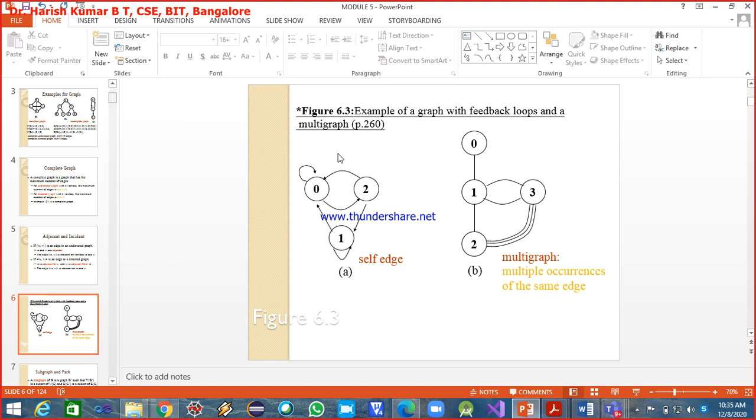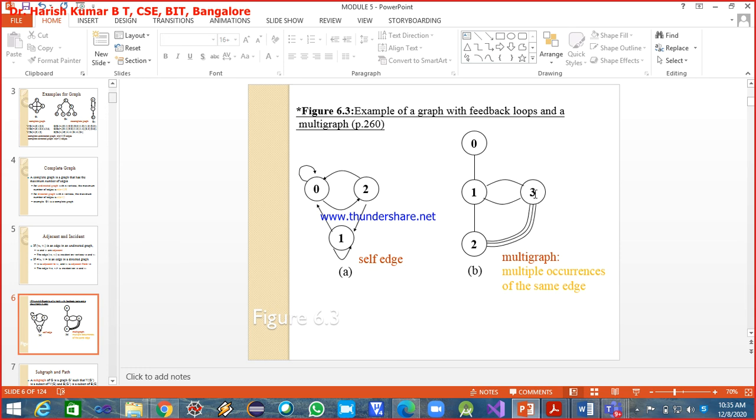Now what you are seeing here is a directed graph with a self loop or self edge. So we have a self edge here and we have one more self edge here. And this is an undirected graph which has multiple occurrences of the same edge, the same edges being repeated multiple times, as you can see here.